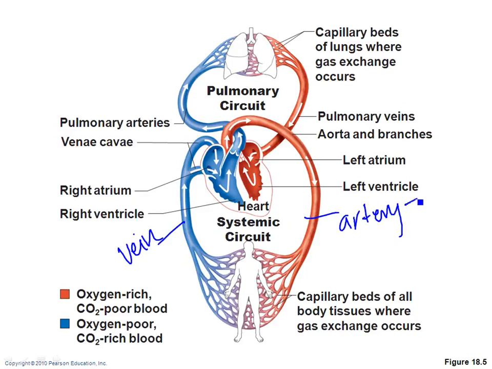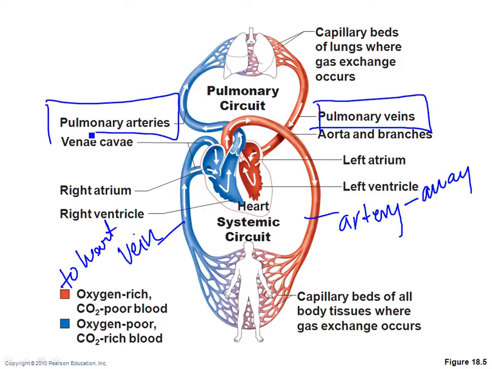Arteries are going away from the heart, veins are going to the heart, right? That's the naming that we're going to stick with. So what I'm saying is kind of forget the red and the blue. It's true 99% of the time, but you can see right here, pulmonary vein, pulmonary artery.